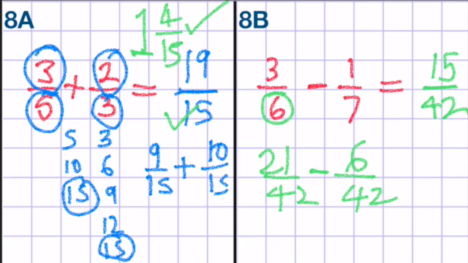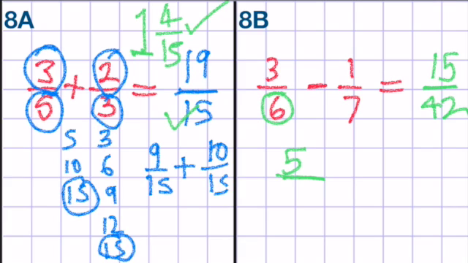15 and 42, actually, yes you can, because both of them are multiples of 3. So 15 divided by 3 is 5. Now 42 divided by what? Let me just work this out. 30, 33, 36, 39, 42. 14 times 3 is 42.